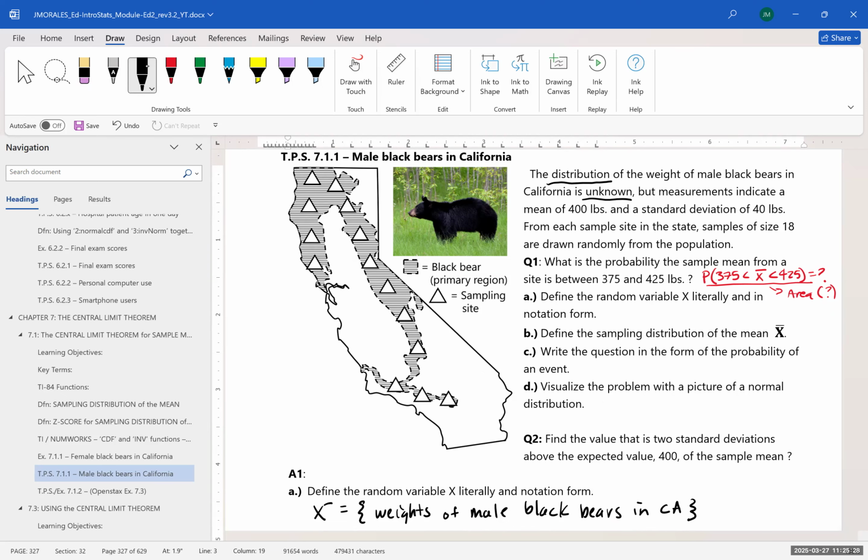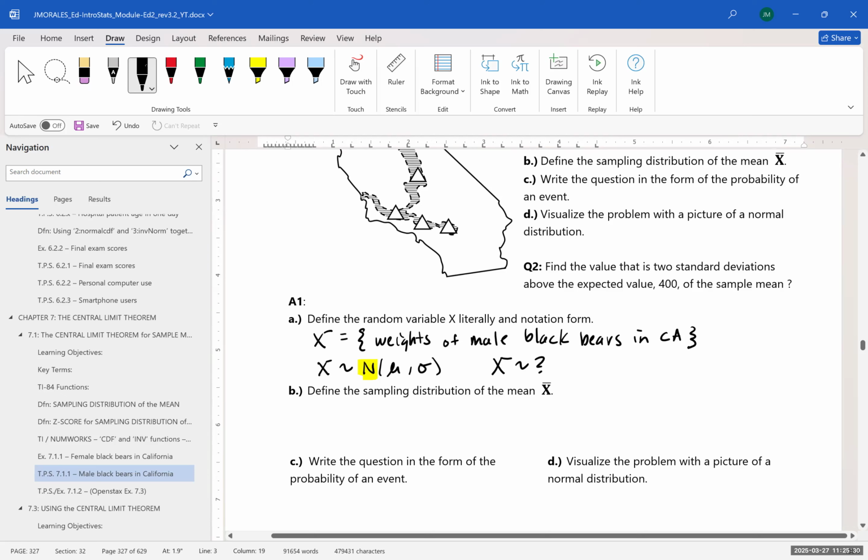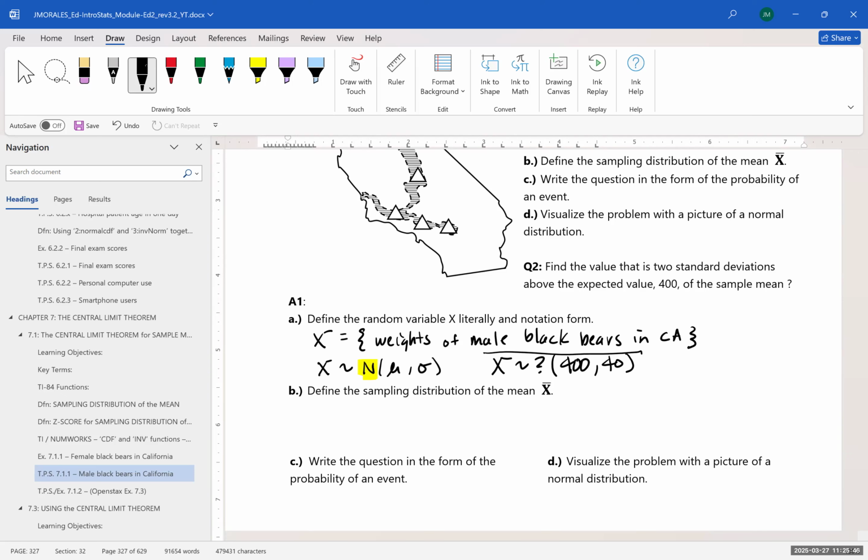So we don't know what shape that distribution of male black bear weights takes. So I'm just going to put a question mark there. But we do know that it has a mean of 400 and a standard deviation of 40. All right, so these are the two answers for those two parts.